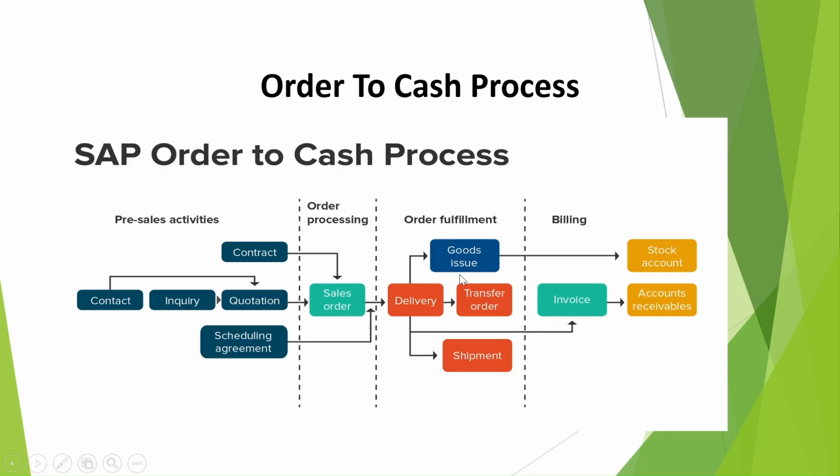Then in the order fulfillment stage, delivery is processed, goods are packed, shipped and PGI is done. Then the invoice is generated, the customer makes the payment, cash is received, and that completes the order to cash cycle.